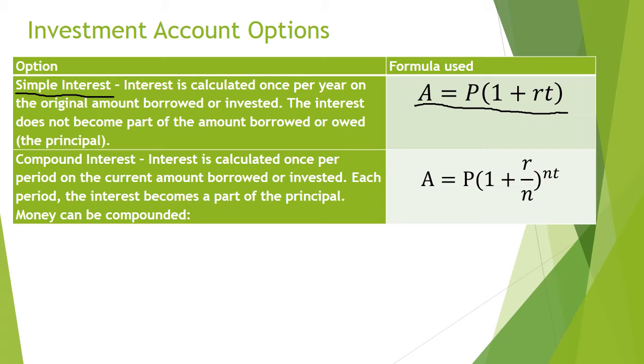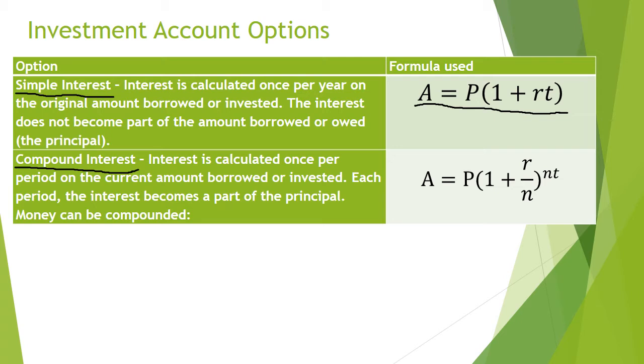The other option that we have is called compound interest. In the compound interest option, the interest is calculated once per period, and this period can have different options. We'll talk about it in a minute.